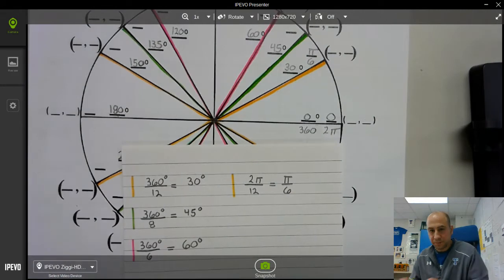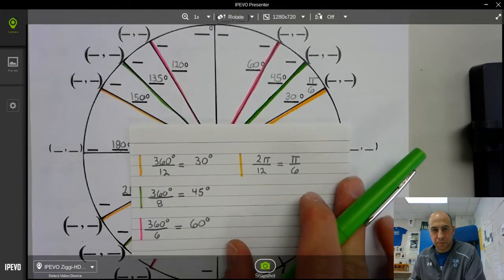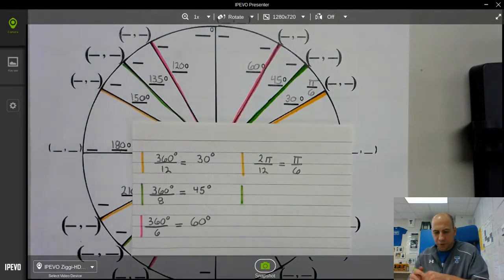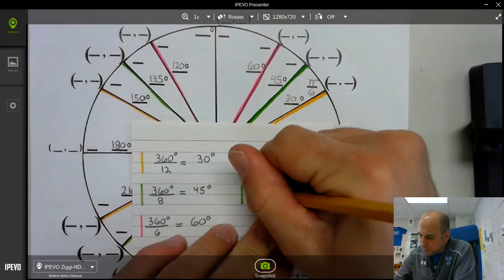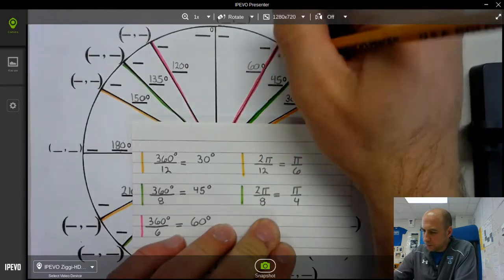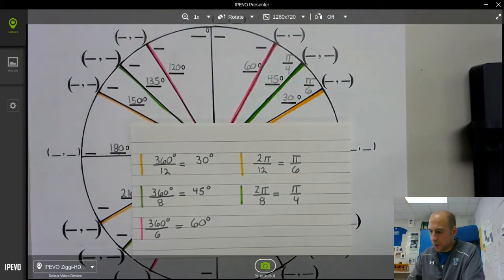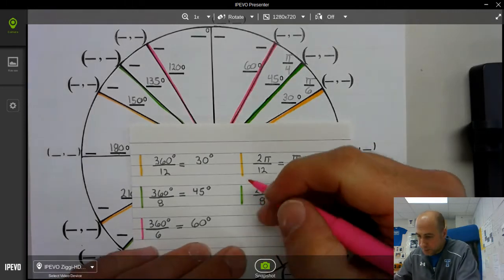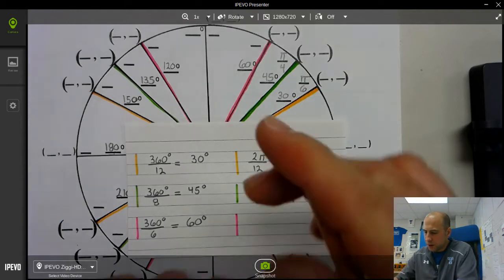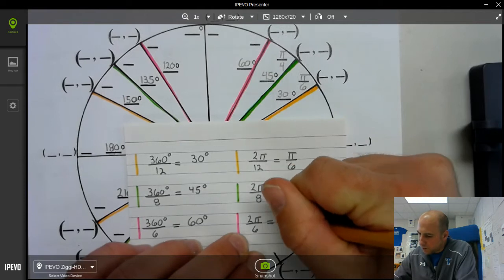Now the next one, we know it's 2 pi based on 8 pieces, which is pi divided by 4. Okay, and then this we know is out of 6 pieces, so that's 2 pi divided by 6, which is pi divided by 3.